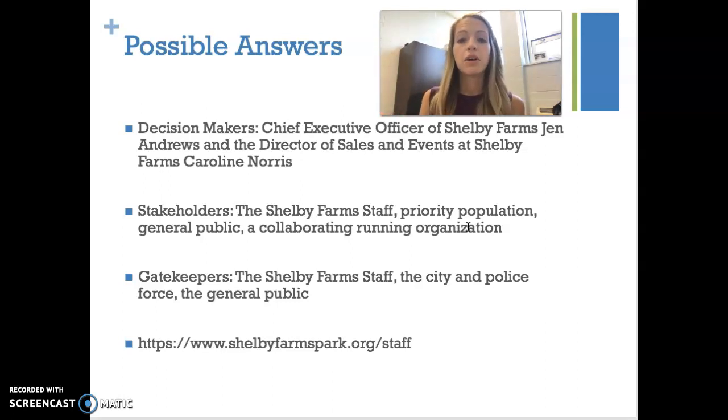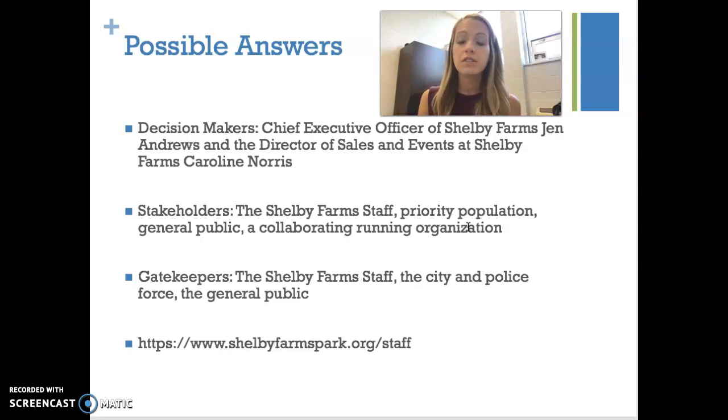And collaborating running organizations: is there an organization already in the community collaborating in this program? Would they maybe be a gatekeeper if it's a running program that already exists? Some other gatekeepers might be the Shelby Farms staff, who might cause issues with access to the program.